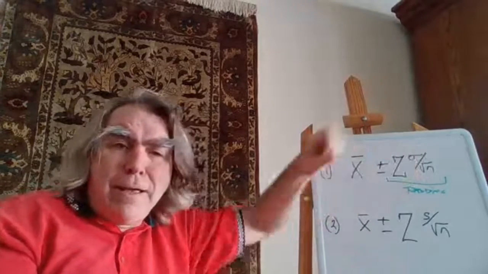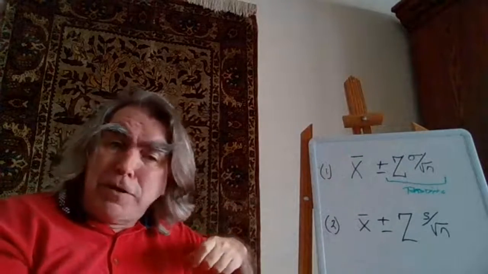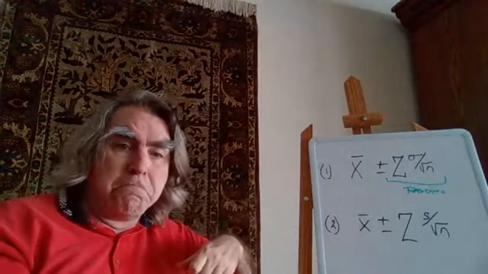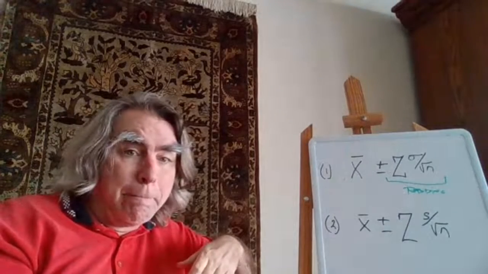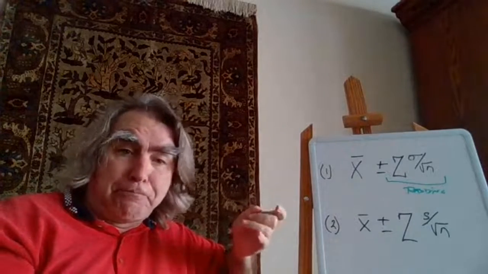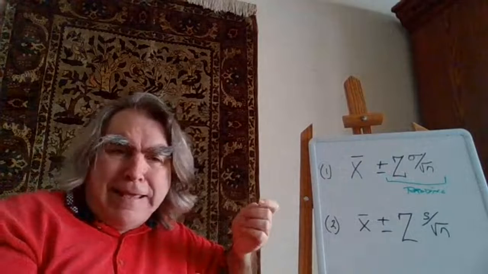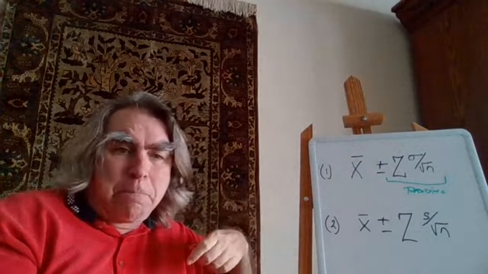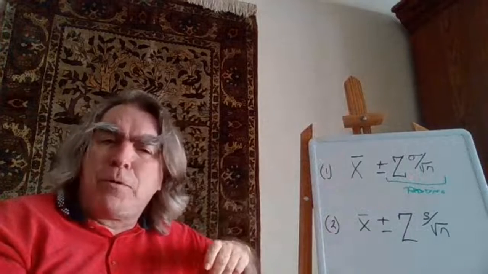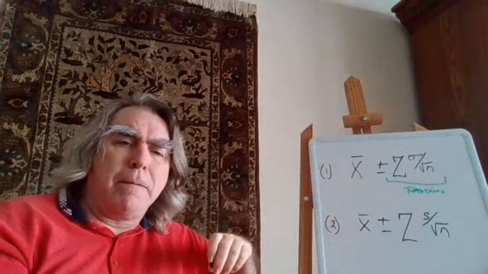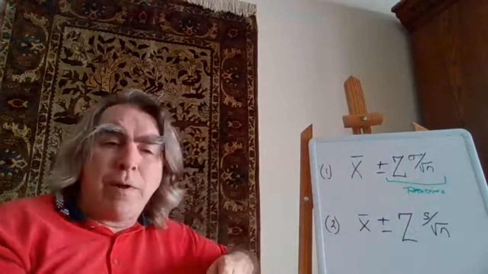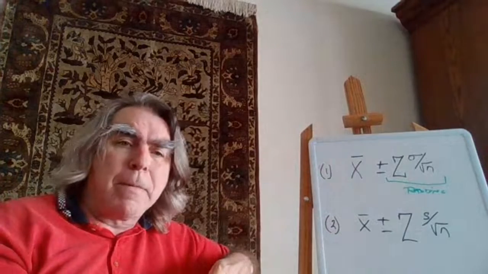But magically, even though God didn't tell us what mu was, we have this perfect knowledge of what sigma is. God told us that. Seems weird because it seems like mu would be the easier thing to know, right? Well, it turns out that this happens much more frequently than you think. All right? Where we don't know what the middle is, but we do know what the variation is.